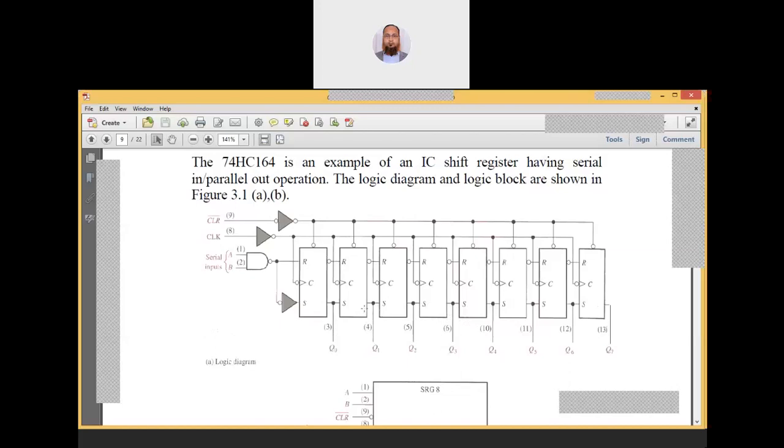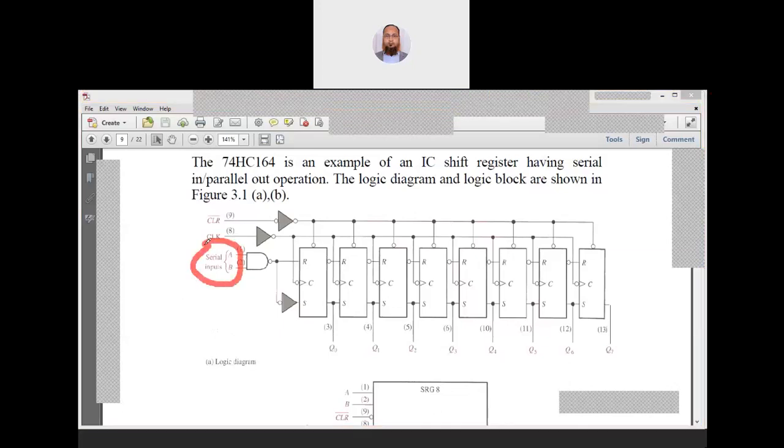And you can see that we are inserting the data serially. There are two serial inputs, A and B. But the output depends on both the values of A and B, because the output is A into B complement.